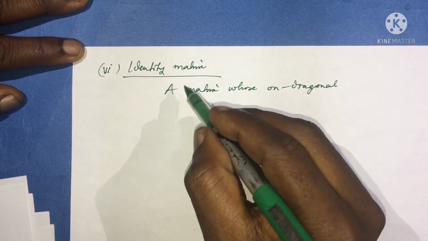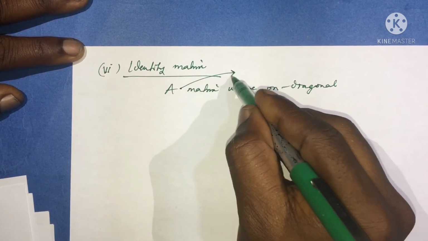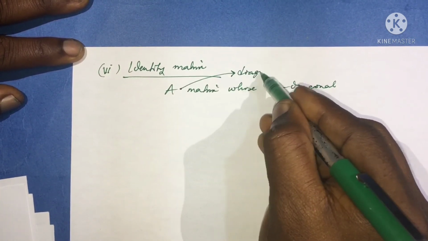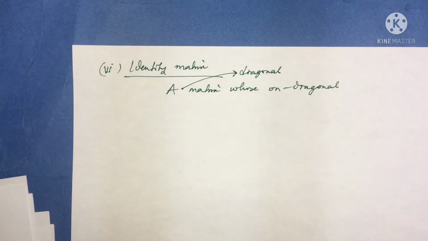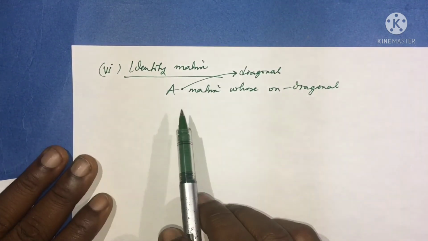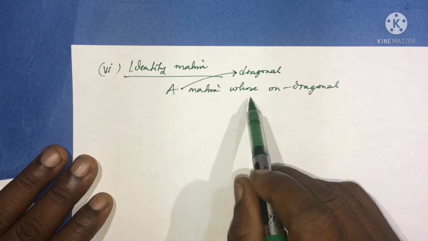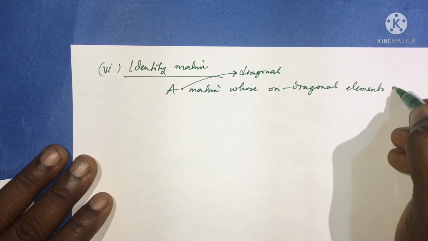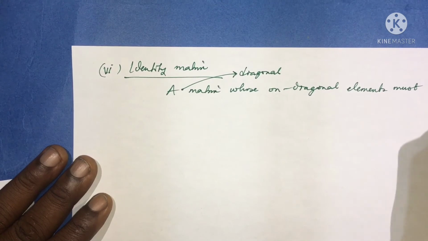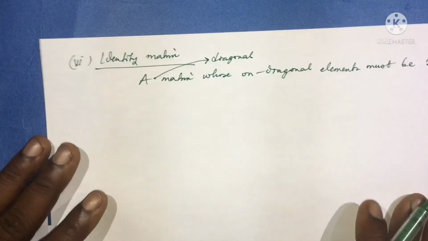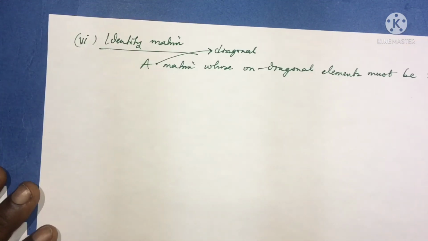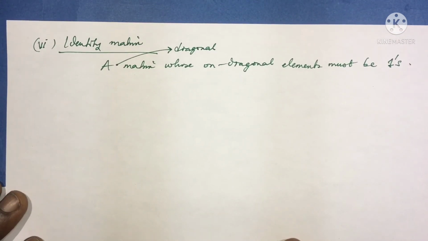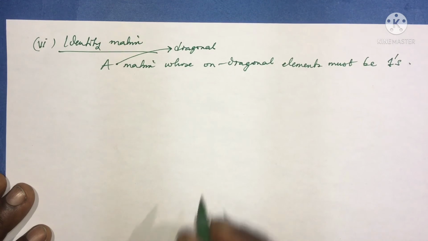The identity matrix must be a diagonal matrix. So you can define it as a diagonal matrix whose on-diagonal elements must be ones. That's all. Any diagonal matrix whose on-diagonal elements are ones is an identity matrix.